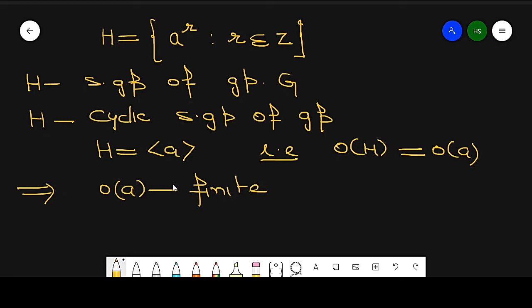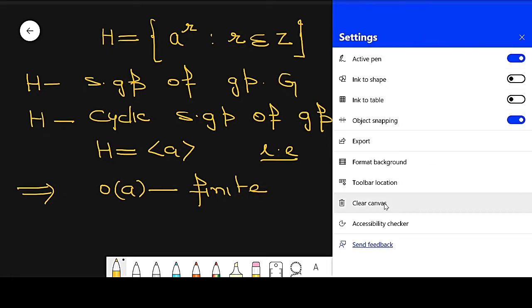So we find this element a raised to power n equal to the identity. This is a very simple result.